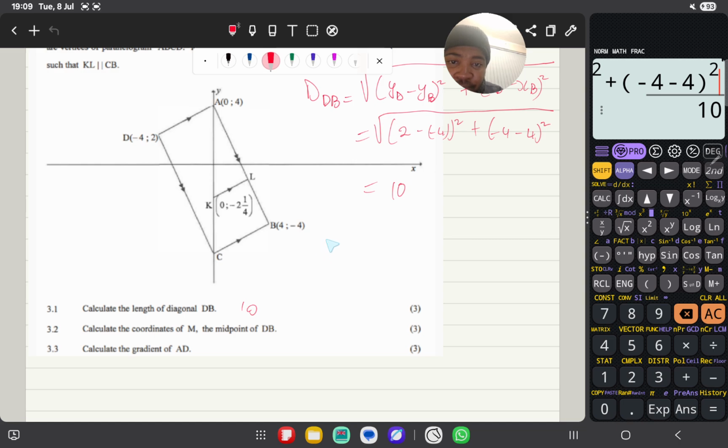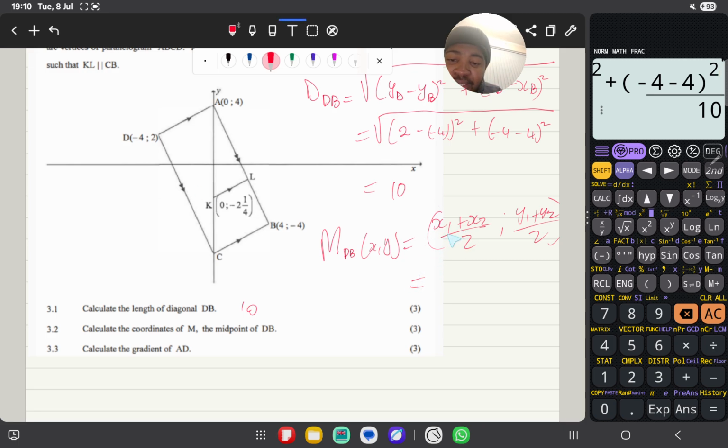So you know the midpoint of DB, (x, y), is x1 plus x2 divided by 2, y1 plus y2 divided by 2, close brackets.